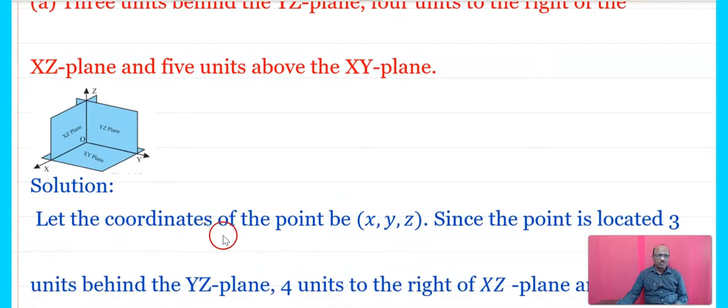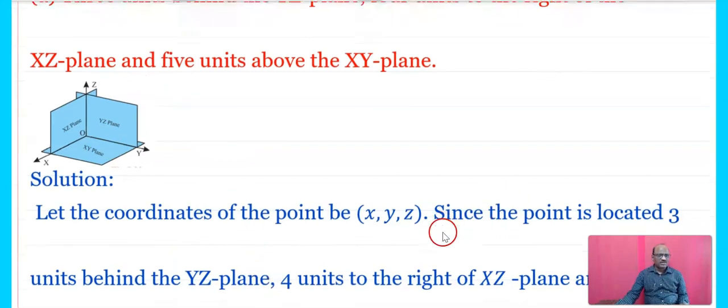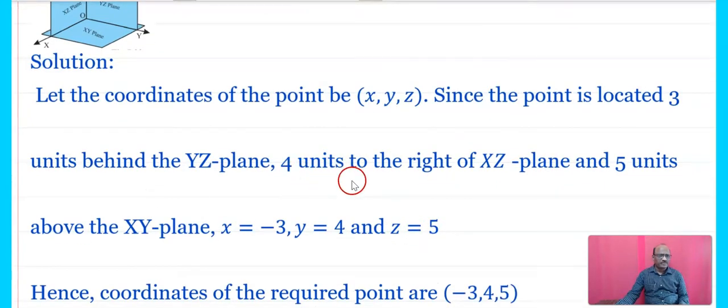The coordinate of the point P is (x, y, z). Since the point is located 3 units behind the yz plane, see this here, this is the yz plane and it is behind. Therefore first we get the x coordinate is minus 3 because it is behind the yz plane.